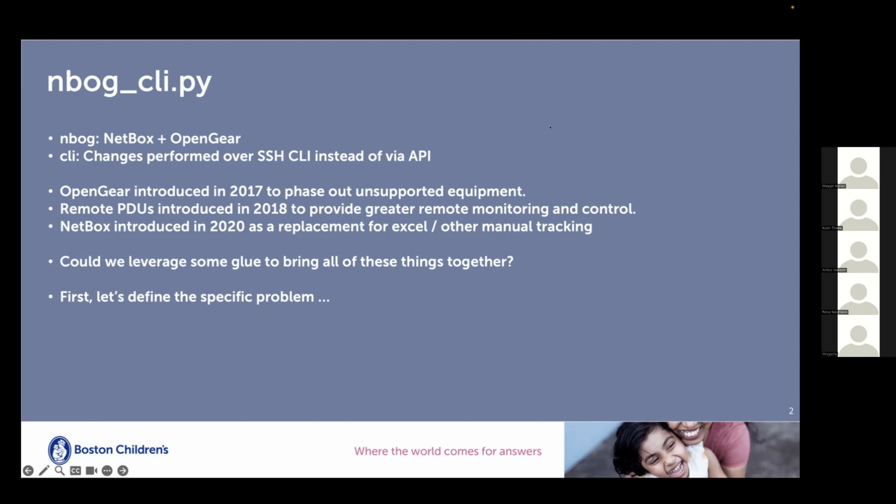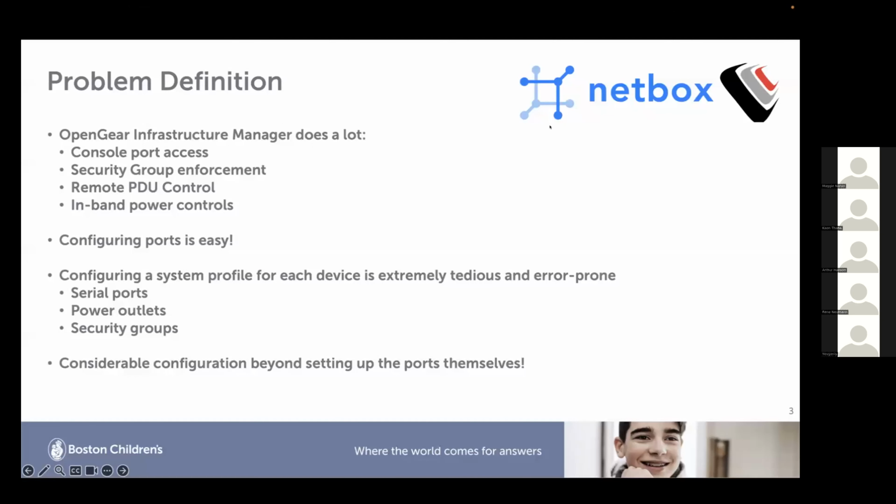But for this, let's define the problem. So the OpenGear does a lot. It's one of the reasons we selected their equipment as our standard bearer. Obviously, console access was the most important part. Ourselves and networking and other departments have come to rely on console access via Secure Shell, TCP raw sockets, Telnet, yes, still.